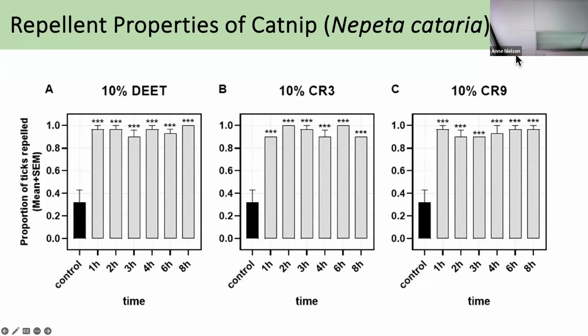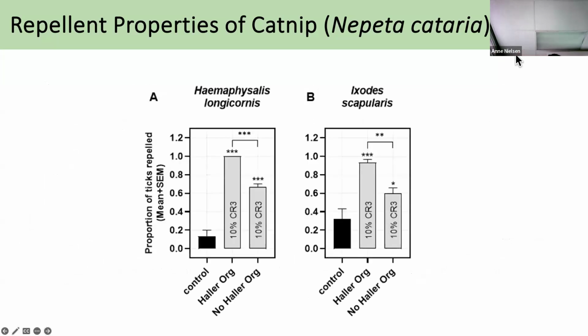So we wanted to see whether these have similar control over time, which would suggest similar properties in terms of volatility. We did this with DEET, CR3.9 and CR3.3 for Haemaphysalis longicornis and Ixodes scapularis, and we didn't really see major differences among them. They seem to behave similarly. So all those things were good news.